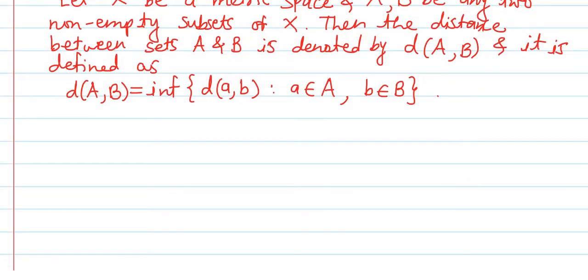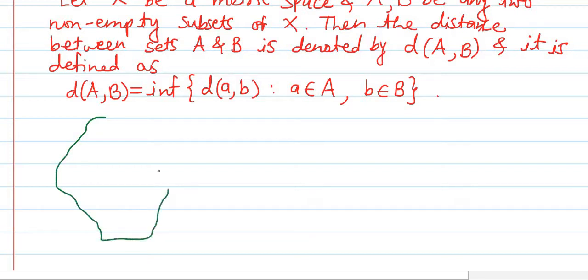So let us consider two sets A and B. Suppose this is the set A, and suppose it consists of 4 points: P, Q, R, and S. And let us suppose that there is another set, which I am drawing here.